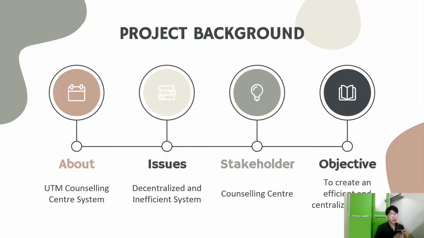It's not uniform. The stakeholder for this project is the UTM counseling center, or any counseling center that might benefit from this project. The objective of the project is to create an efficient and centralized system.